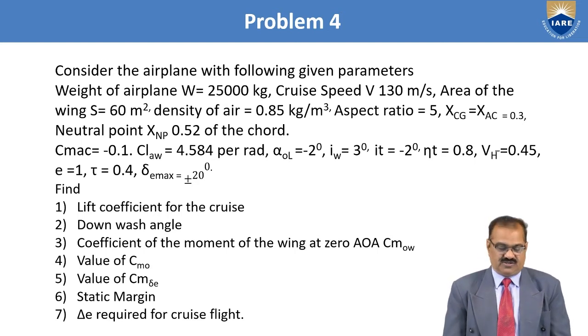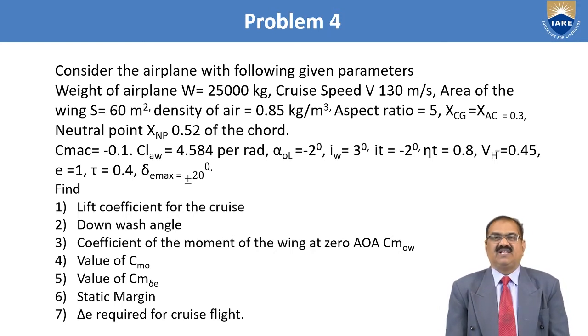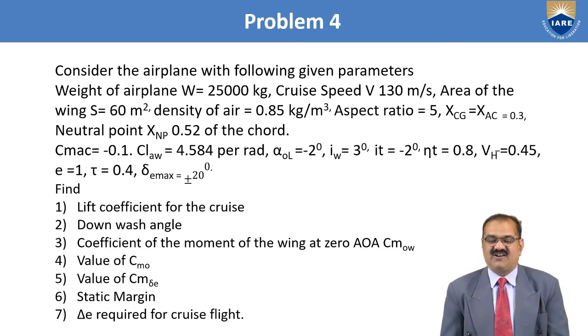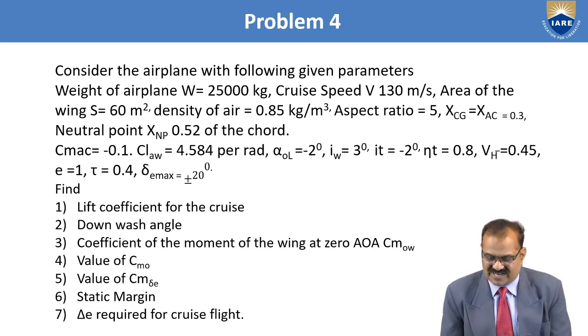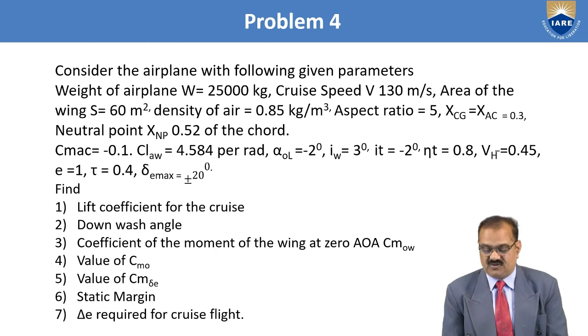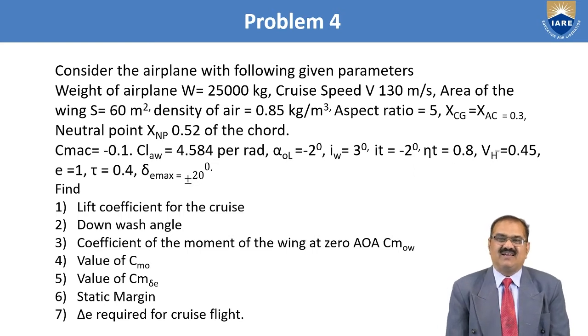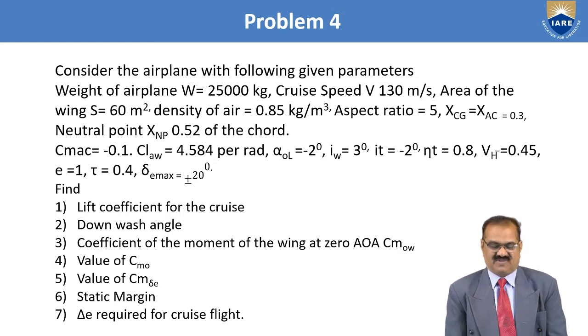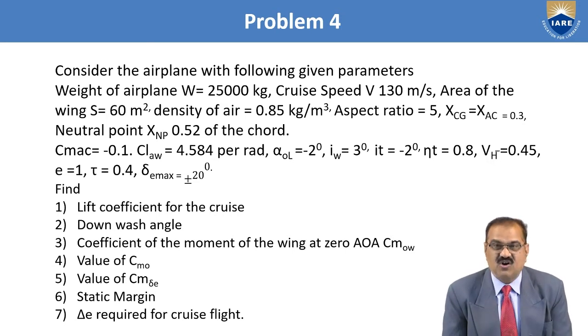We have to find out the lift coefficient for the cruise, then the downwash angle epsilon naught, the coefficient of moment of the wing at 0 angle of attack, that is called Cm naught W, the value of Cm naught, the value of Cm delta E, which is also called the control power, static margin, and delta E required for cruise flight.